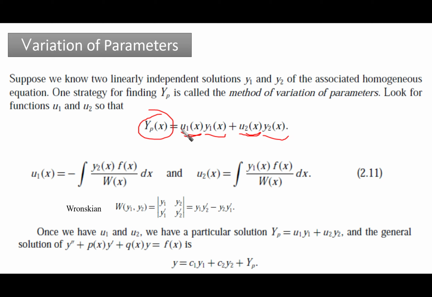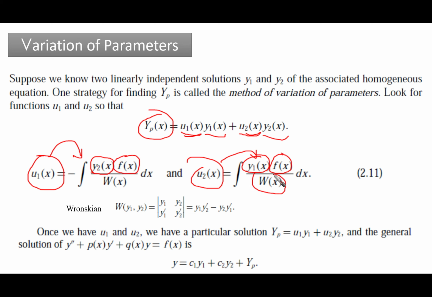But what are u1 and u2? We found that u1 is going to be related to y2 of the associated homogeneous equation, and u2 is similarly going to be related to the y1 of the associated homogeneous equation, the first solution of it, and then the right-hand side of the non-homogeneous equation and the Wronskian, which we have explained before, and we know how to obtain it.